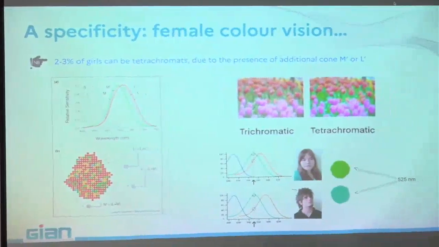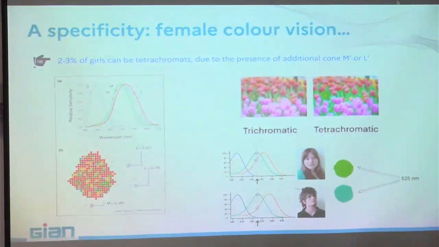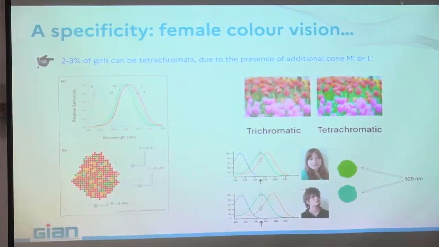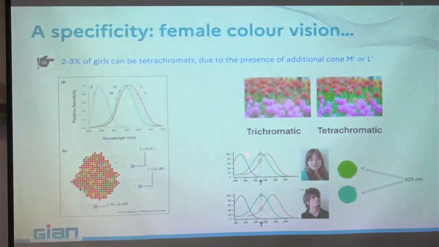Because human beings, they have 3 cones. Ladies, 5% of the ladies, they may have 4 cones. They are quadrichromats. And the additional cone can be nearby the green one, and you see here you may have an additional M cone or an additional L cone, never both, or no one knows about that.